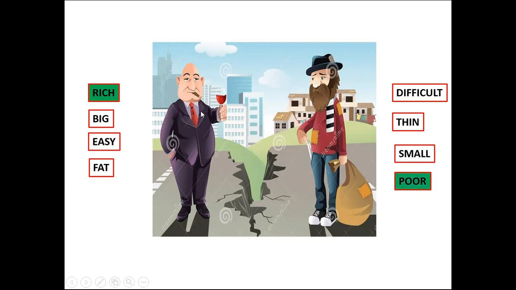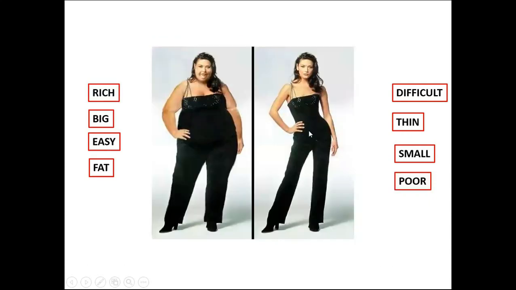The person number 1 is rich, but the person number 2 is poor. And the person number 1 is fat, and the person number 2 is thin. Yes, they are correct. Person number 1 is fat, and person number 2 is thin, relatively.